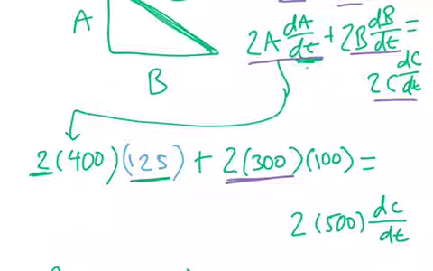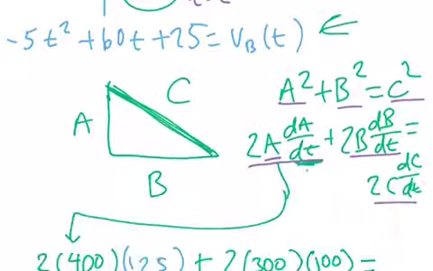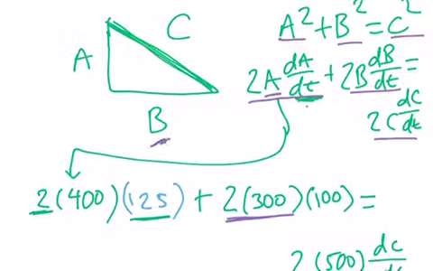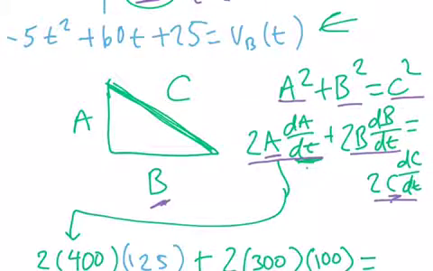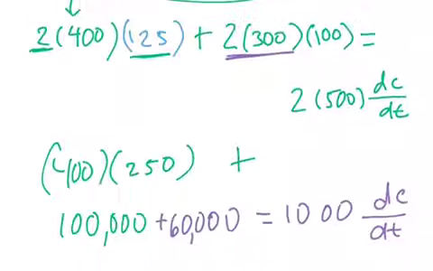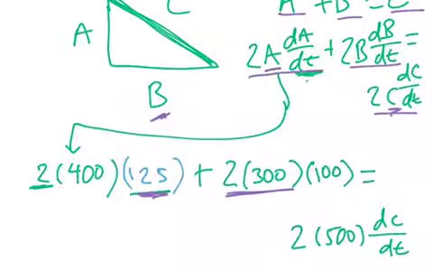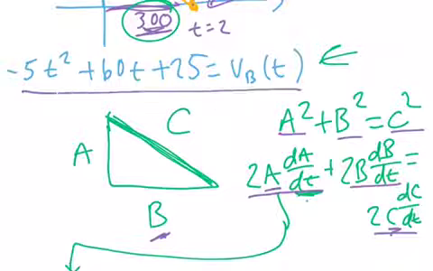From here, we just substitute in the values. A is the distance of A, which we saw to be 400. B is how much we went east, which is 300. And C is the distance between them, which is 500. From here, all I do is figure out what dA/dt is, by plugging into this formula, which we did here.